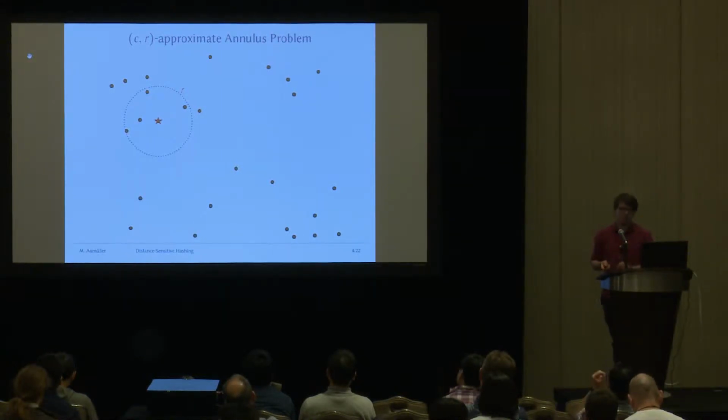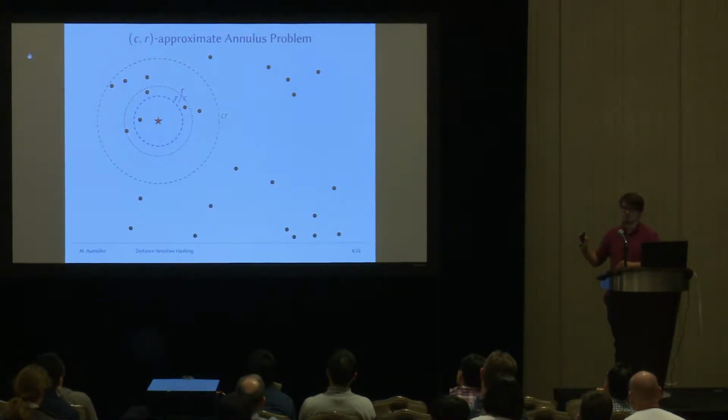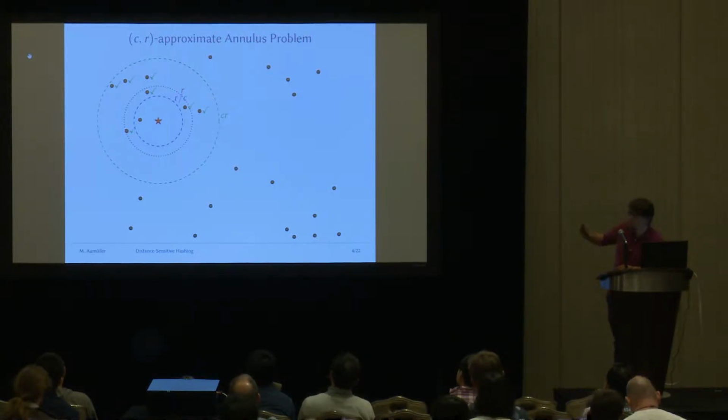What you want the algorithm to return is a point within this distance threshold, at least r over c, up to cr. So c is some kind of approximation factor here. All of these 7 points that have a check mark are valid answers for our query, but we want to avoid returning close neighbors. We have to filter those out, and we want to avoid these far away neighbors.